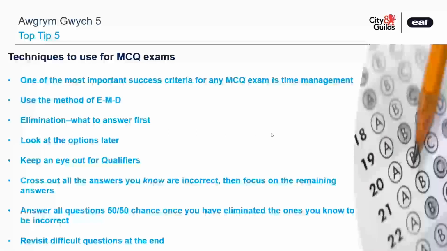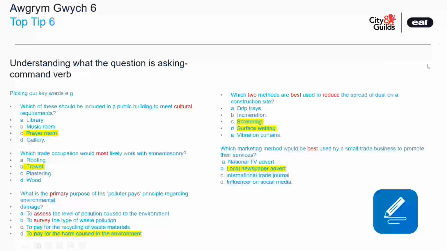So I'm just going to move on to my next slide and give some examples of what I'm talking about. We said that many learners tend to fall down with exams, and in most cases it's not because they haven't got the knowledge, but the majority of the time it's because they haven't understood the question fully.